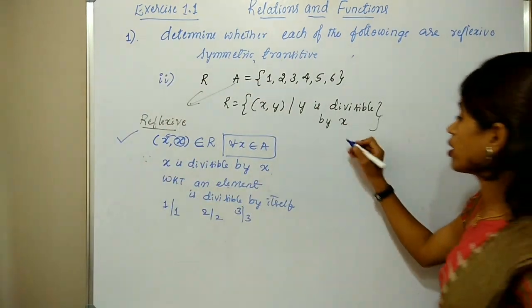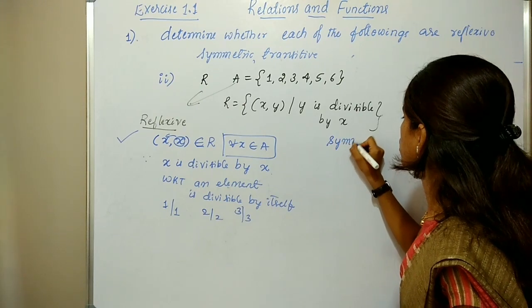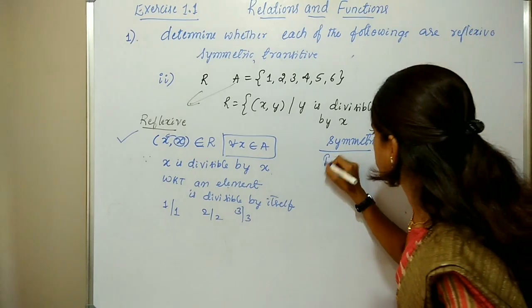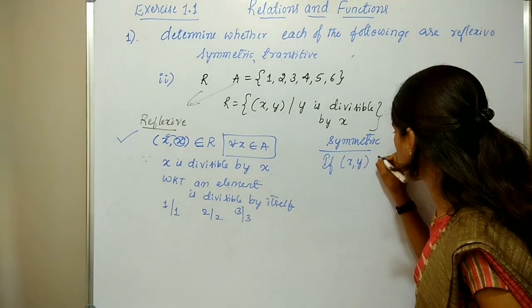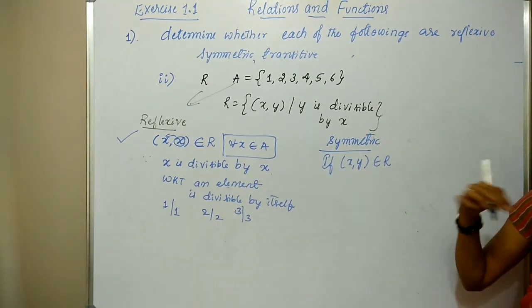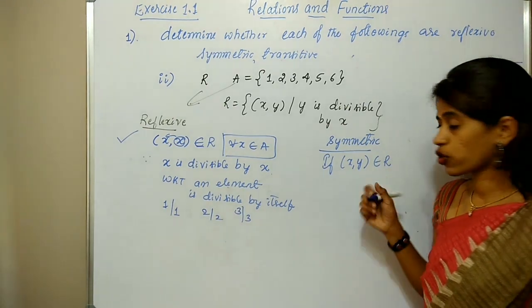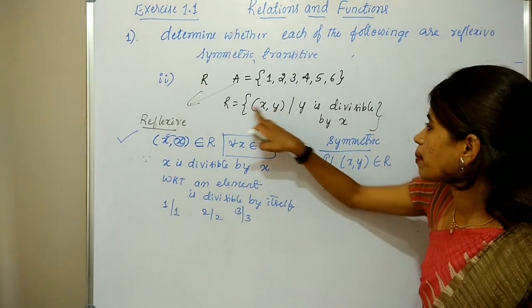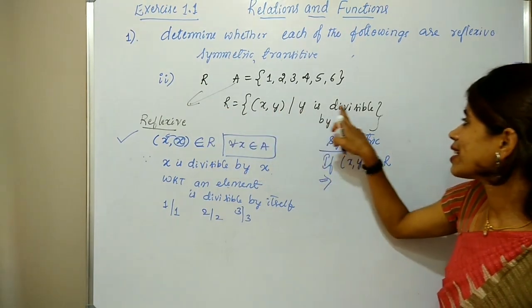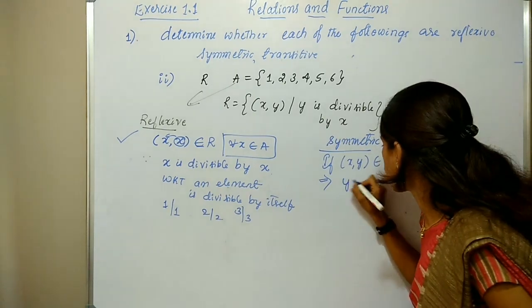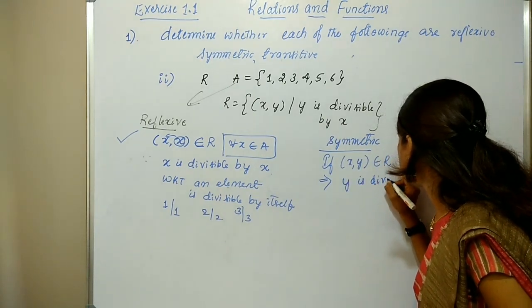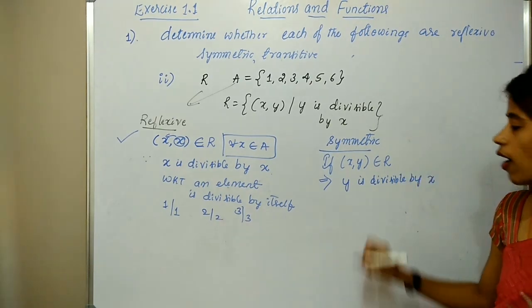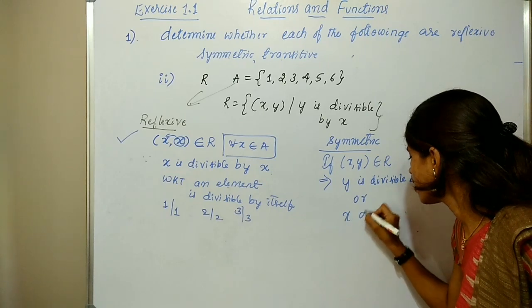Is this relation symmetric? Whether it is symmetric or not. First, if x comma y belongs to R, we must obtain y comma x belongs to R. What does it mean? x comma y belongs to R provided y is divisible by x, or it means x divides y.